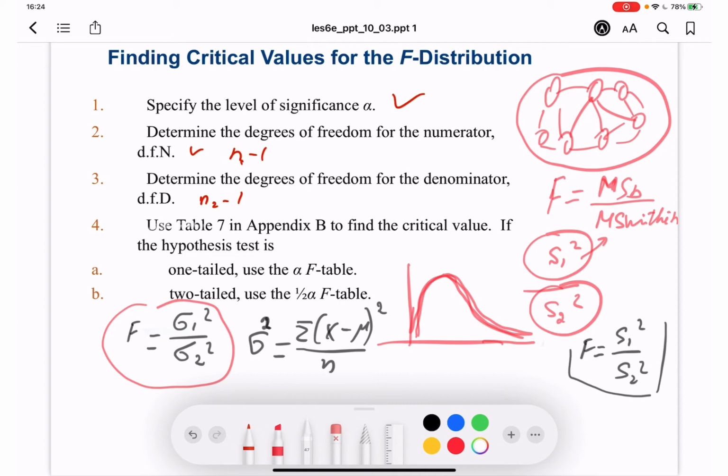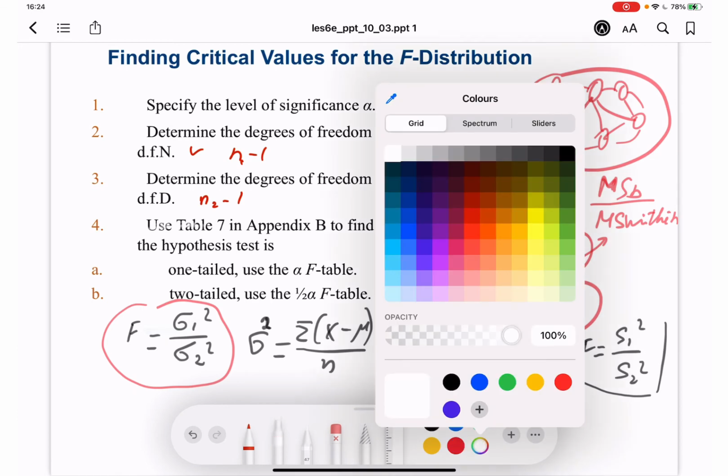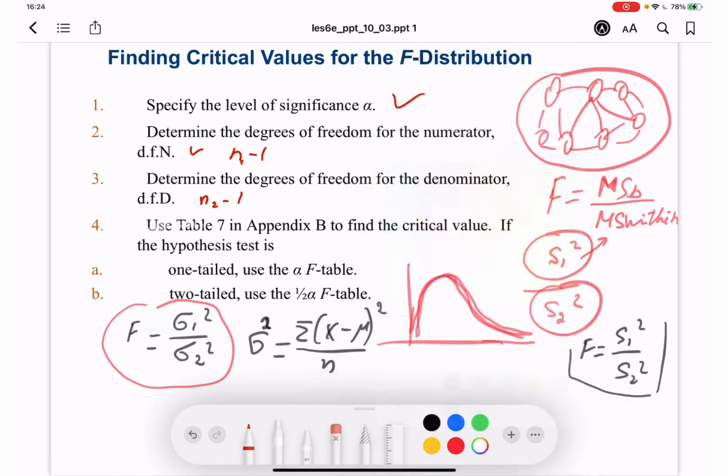I'm cleaning here, to make sure we are not looking for table 7, because this is from somewhere else. We are going to find the critical value F. We can look for the F table.